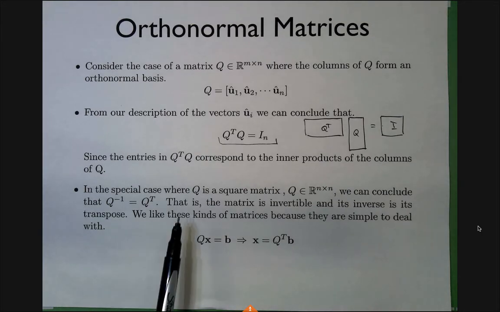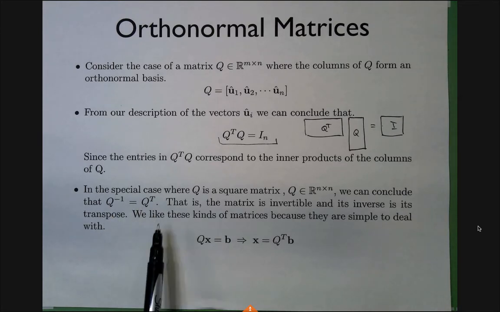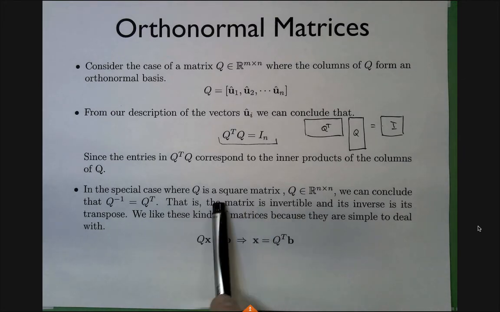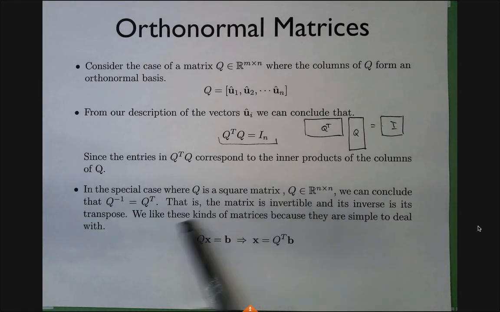So if I was lucky and M equals N, if I have a square matrix, and it's an orthonormal matrix, then the inversion is just transposition. I think we were talking about this before, right? We need to talk about square matrices because we haven't defined inversion for non-square matrices. But for square orthonormal matrices, their inversion is just transposition.